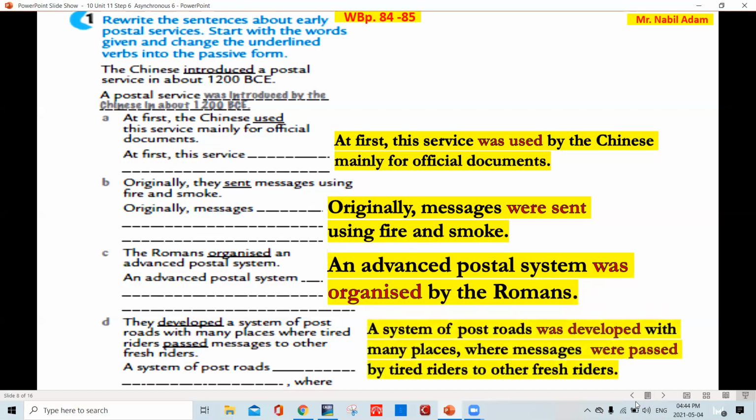So the right answer: a system of post roads was developed, because a system was singular, with many places where messages were passed by tired riders to other fresh riders. So note here, do you have two verbs or one verb, and you are going to change both of them or one of them into passive.